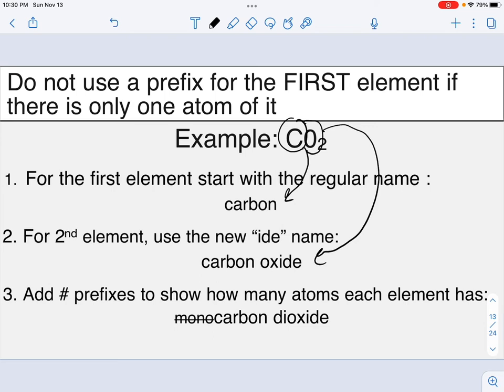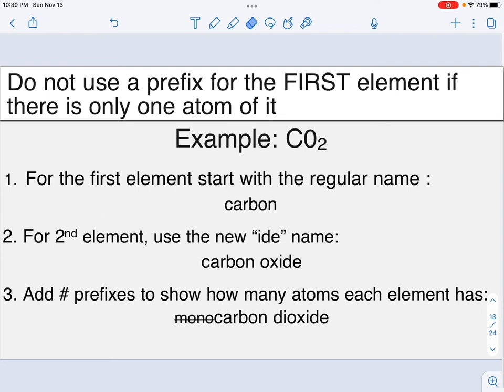Rule number 3, add number prefixes to show how many atoms each element has, okay? So typically, let's look at C. Pay very close attention. There is no number, see? There's no number below, right by C, a little bottom subscript.